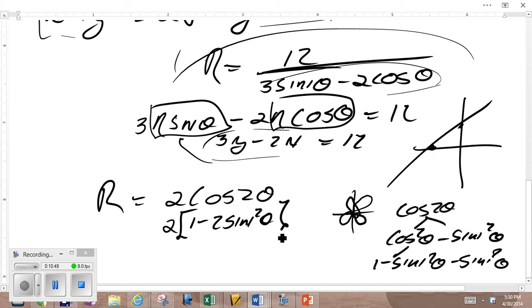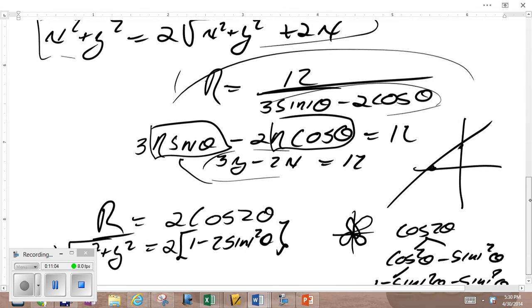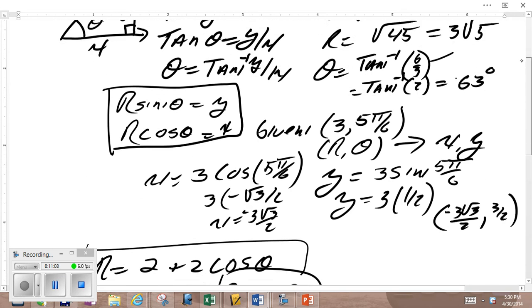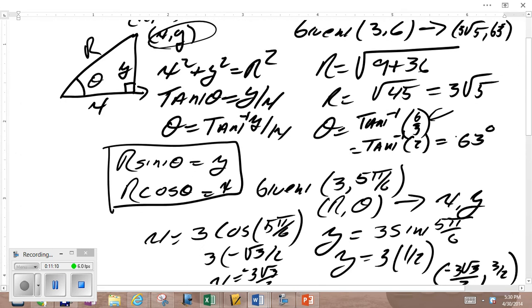We know that r is the square root of x squared plus y squared, because we know r squared is x squared plus y squared. And we also know that r sine of theta is y, so sine of theta must be y over r.